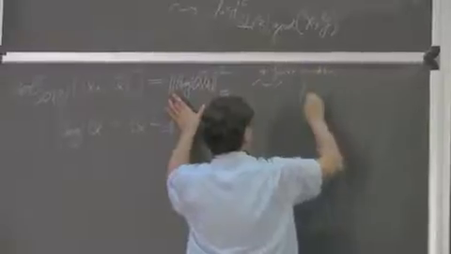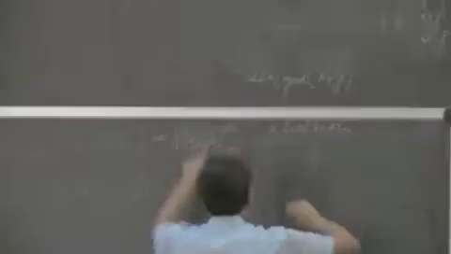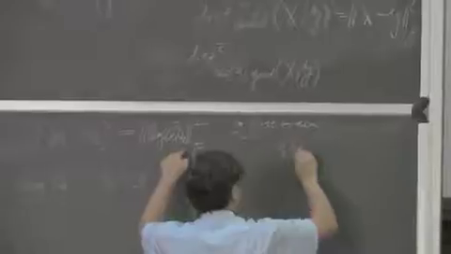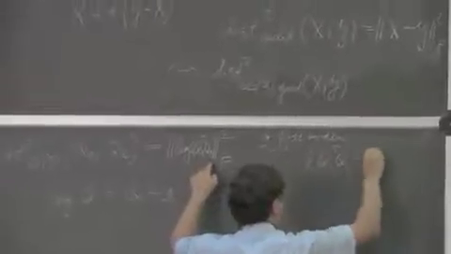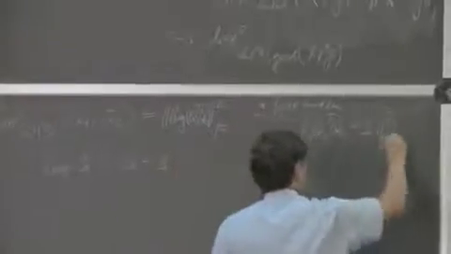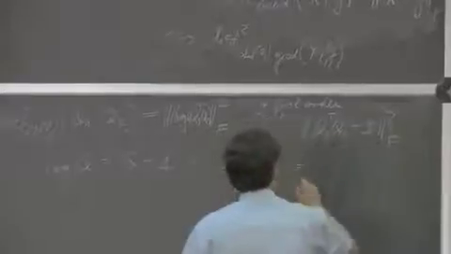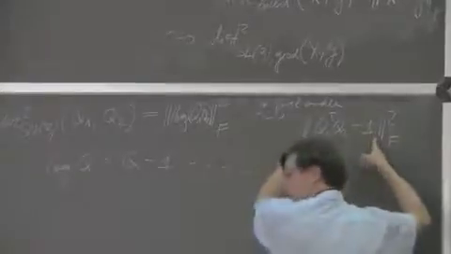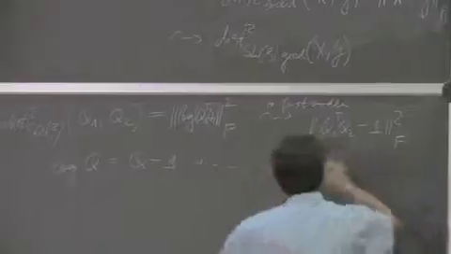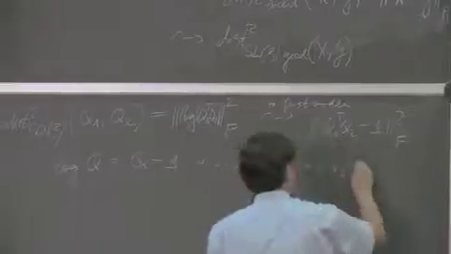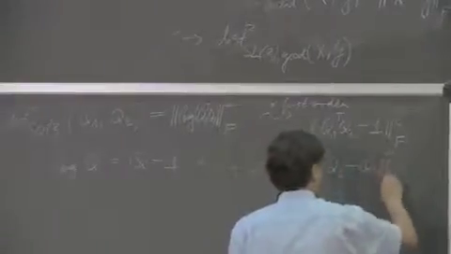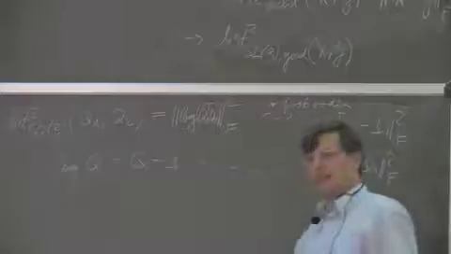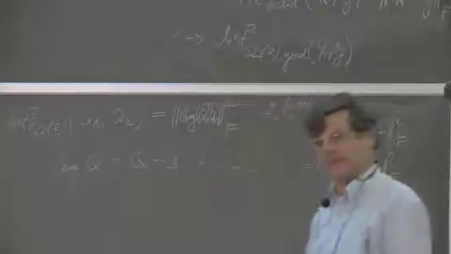I'm getting not the logarithm, but Q1 transpose Q2 minus the identity squared. And this is just because of unitary invariance of the Euclidean norm. This is just the same as Q2 minus Q1 squared in the Frobenius norm, which is nothing else than the Euclidean distance.